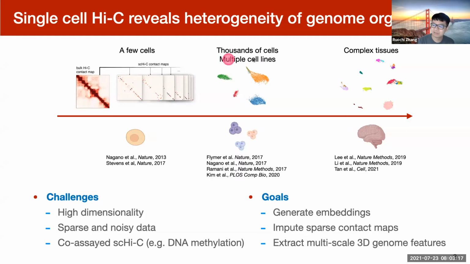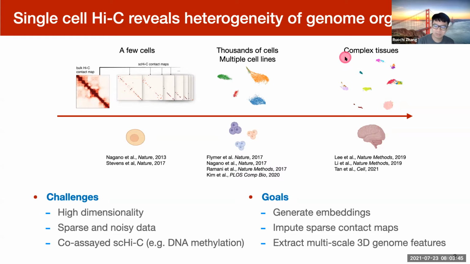And more recently, there are new technologies that enabled joint profiling of chromatin conformation and DNA methylation in single cells on complex tissues. These exciting new technologies create new opportunities to study the variability of 3D genome structures and its functional implication. However, meanwhile, it also brings new challenges for computational methods.